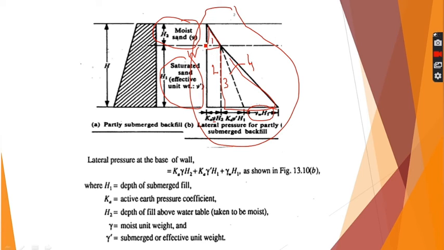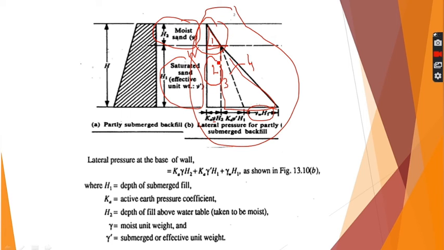The earth pressure here is Ka gamma into H2, and the force will be half into Ka gamma H2 into height, that is H2, so half Ka gamma H2 whole square. So this will give you P1.